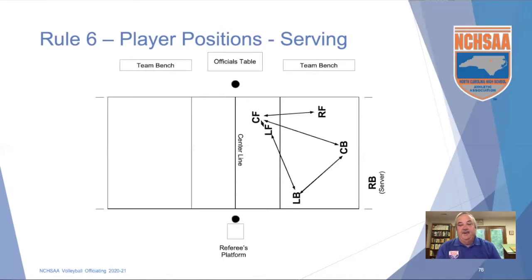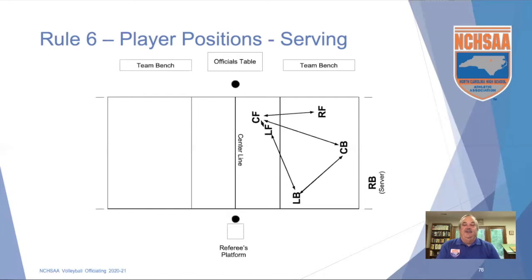Okay. The left front is closer to the left sideline than the center front. And our 2 back players, left back and center back, are behind their relative positions at the front. And left back is closer to the left sideline than the center back.